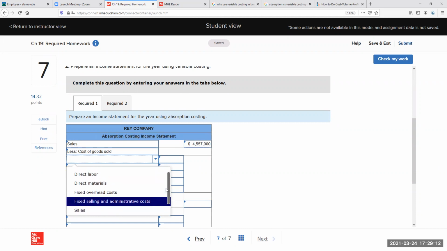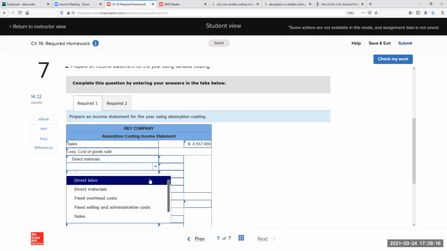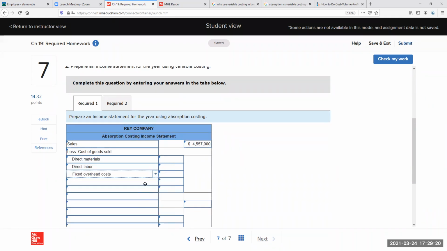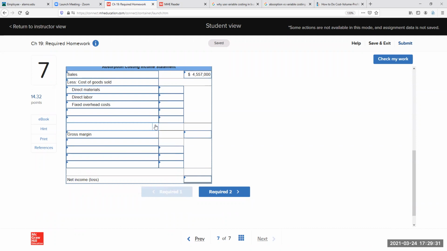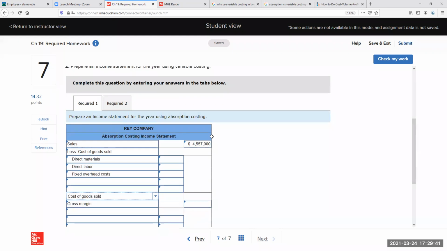We have materials, labor, and overhead. And that's going to be equal to our gross margin. So I'm sorry, this is my total cost of goods if I add these up.